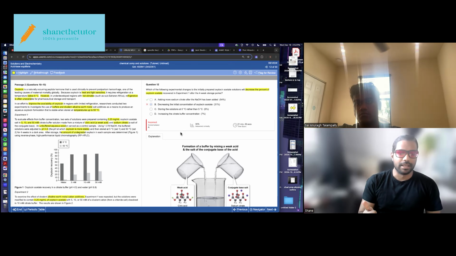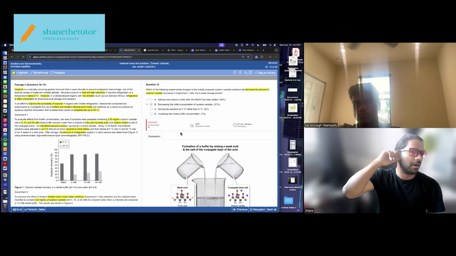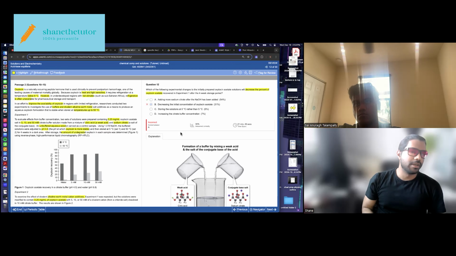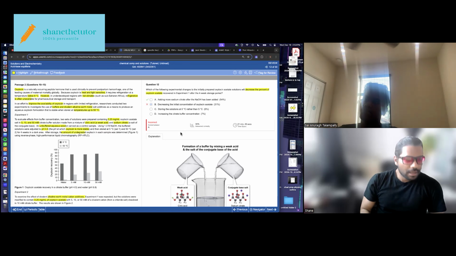So I'm looking at lowering the amount of the buffer and raising the temperature, not of the buffer, but of the entire thing. So let's start with D, increasing the citrate buffer concentration.